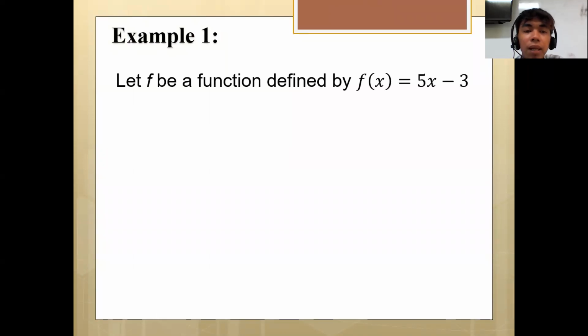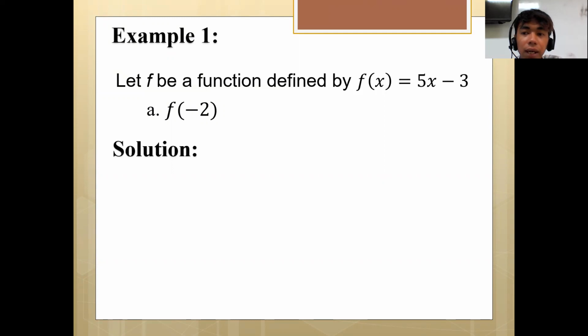Example number 1. Let f be a function defined by f of x is equal to 5x minus 3.